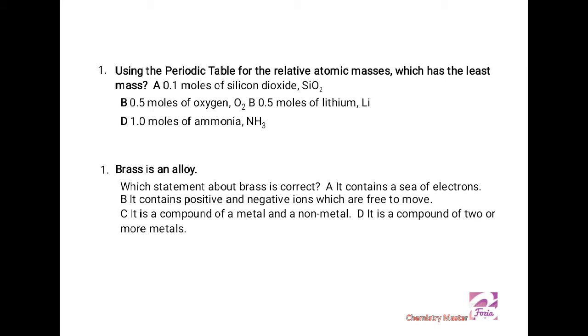So it goes 60. Now 60 is the relative molecular mass, and when you multiply it with 0.1, you get 6. Similarly, you calculate the moles of each given option. Then you will be able to find that the least mass is present in 0.1 mole of silicon dioxide.